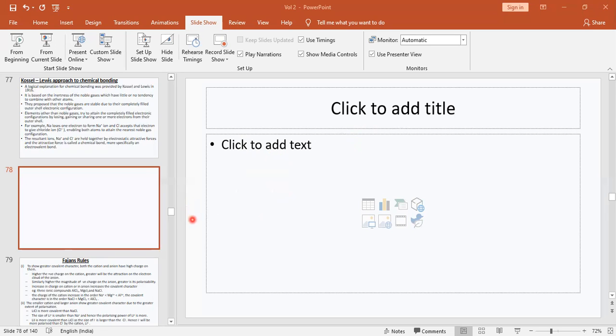Okay, so when we calculate the formal charge for oxygen in carbon dioxide, oxygen has 6 valence electrons, minus the lone pair electrons, the oxygen will have 4 lone pair electrons, right?